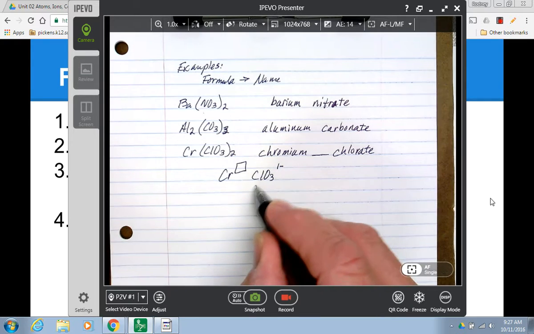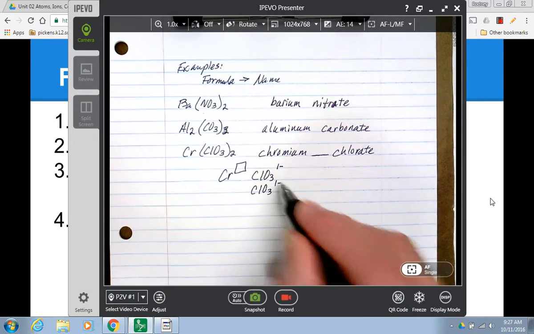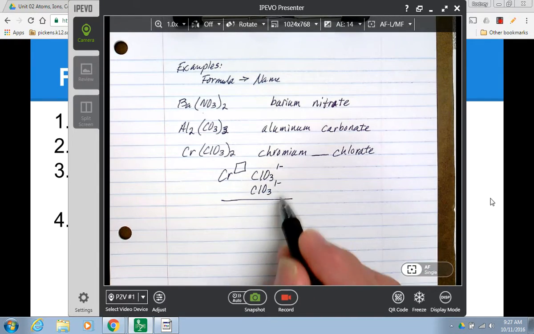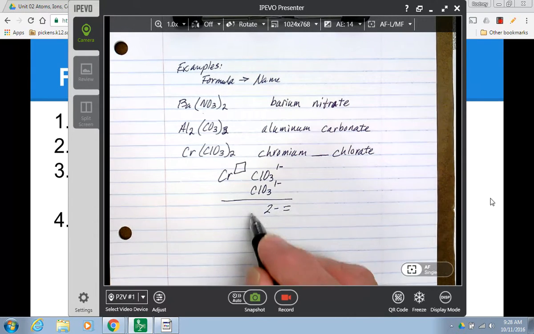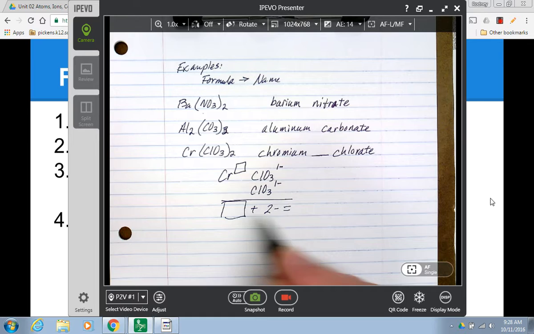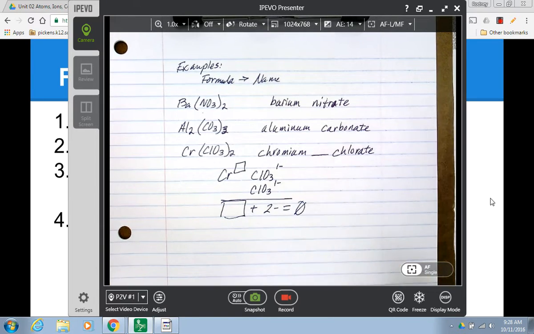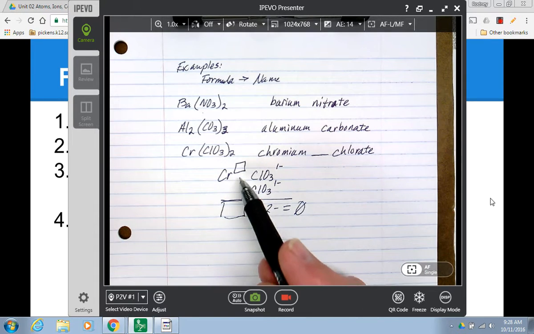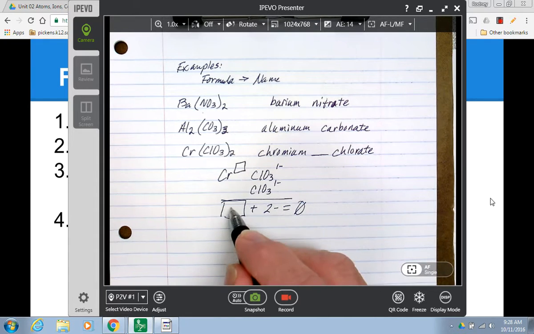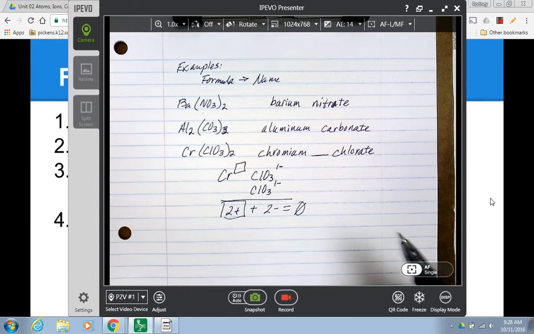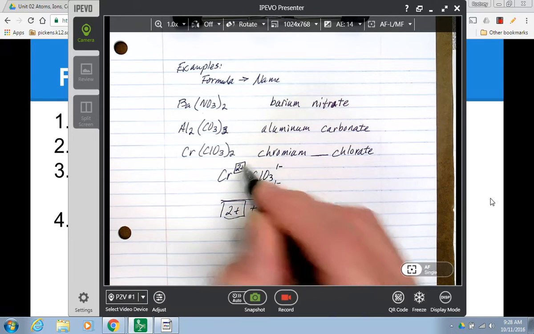Well, how many chlorates do we have? We have 2 of them, right? So when we look at this, the -1 gives you a 2 negative. And remember, that needs to add up so that the whole thing equals what? It has to equal 0. So since we have only 1 chromium, what must be the charge that goes here? Well, it has to be a 2 plus. So that means chromium is a 2 plus.